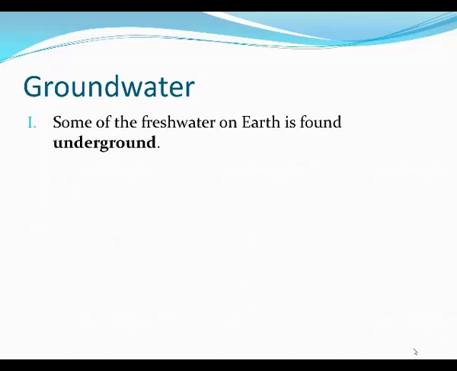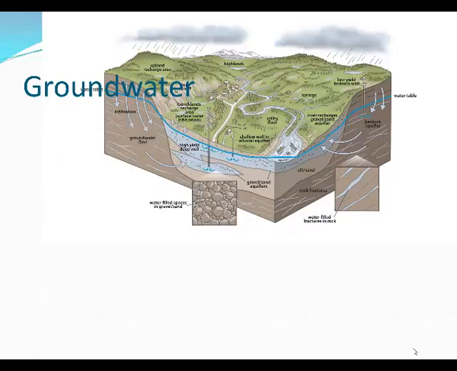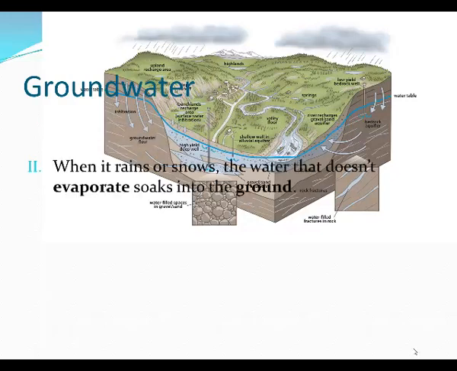Groundwater. Some of the fresh water on Earth is found underground. This picture represents groundwater, water that would be found in an aquifer. An aquifer is an area of gravel or sand that holds water in the pore spaces and the empty spaces between those rocks. When it rains or snows, the water that doesn't evaporate soaks into the ground.